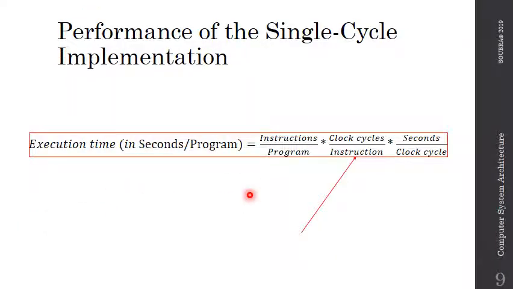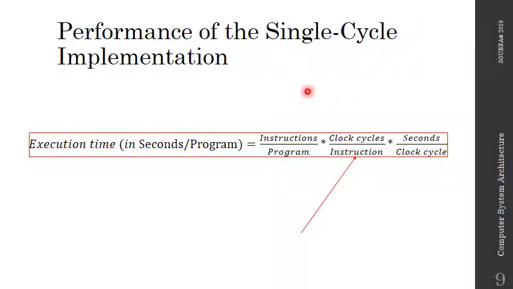So back to the performance equation of the execution time, the three components of that. We've covered that a lot, so I'm not going to go through it here. I'm interested in the CPI. So how many clock cycles per instruction? I said that I'm not going to count the clock cycles per instruction.